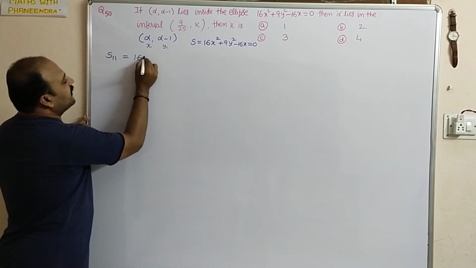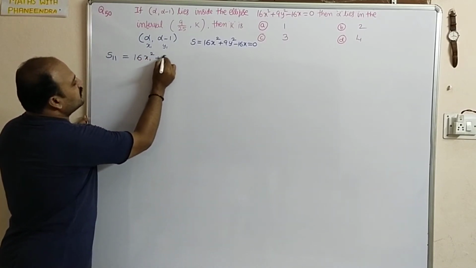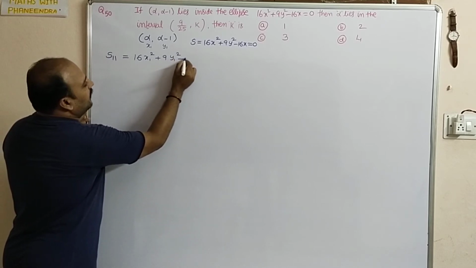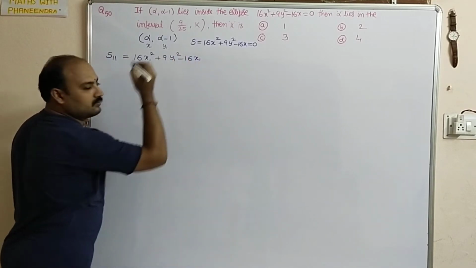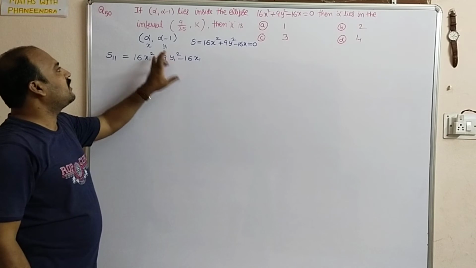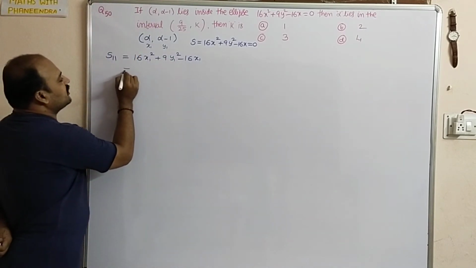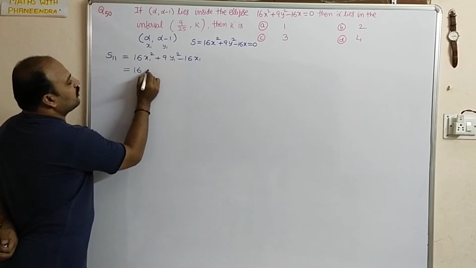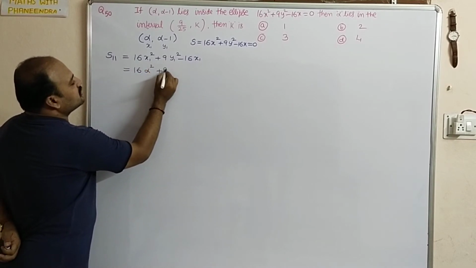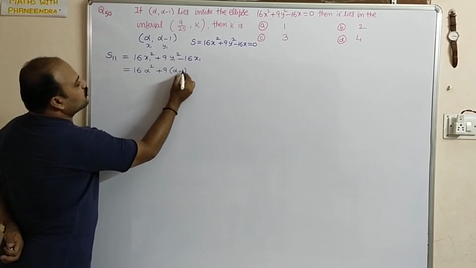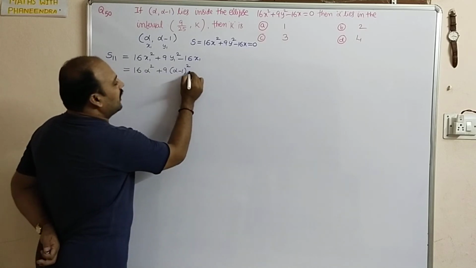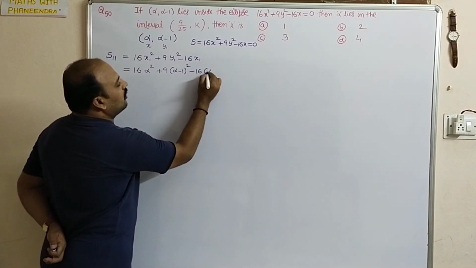So 16x1 square plus 9y1 square minus 16x1. In place of x1, y1, substitute alpha and alpha minus 1. So which is equal to 16 into alpha square plus 9 into (alpha minus 1) whole square minus 16 into alpha.